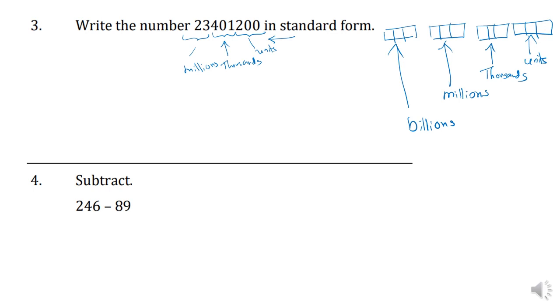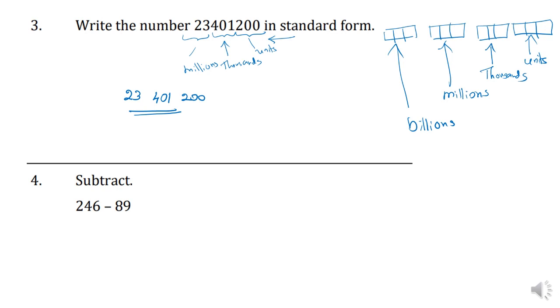Standard form is you take this 23 here and a small gap, and 401 here and a small gap, and this 200 is here. If we say this number in words, this is 23,401,200. Actually, that is not required for this answer. You just have to write like this, not in words, because they have not asked you to write in words.